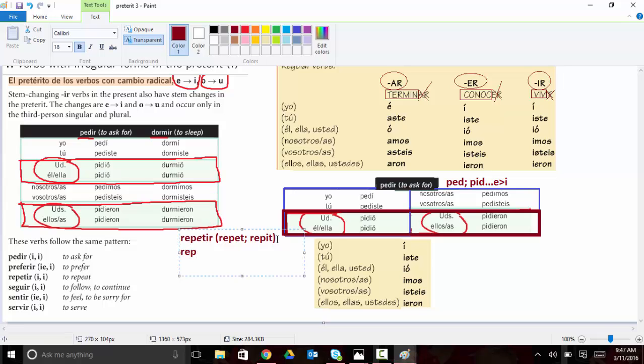It would be repetí, repetiste, but then it would be repitió. Okay, and then it would be repetimos, repetisteis, and I think I'm going to have to make this a little bit smaller so it all fits.